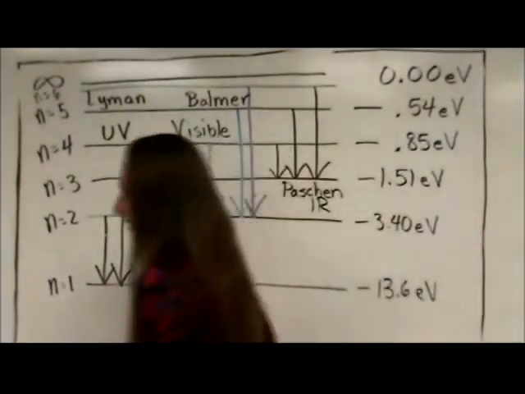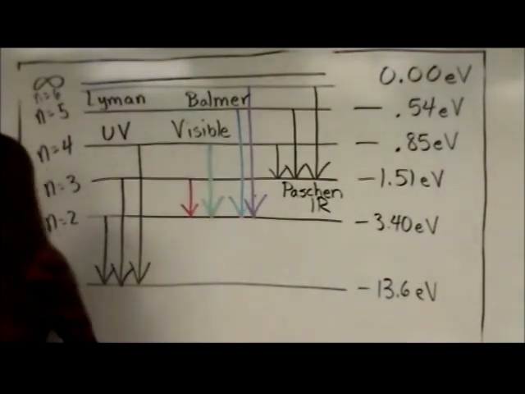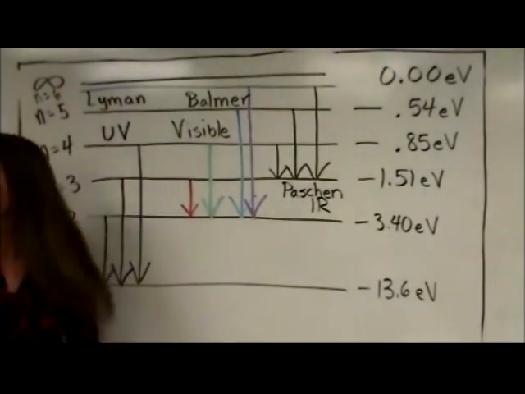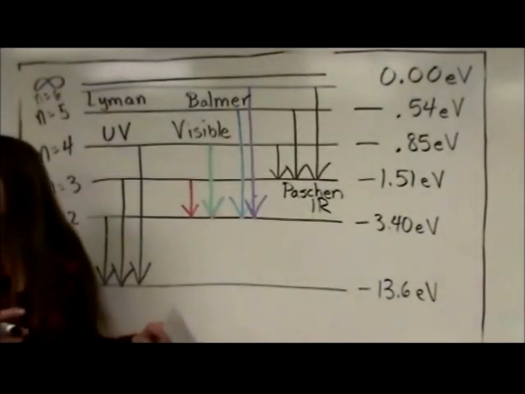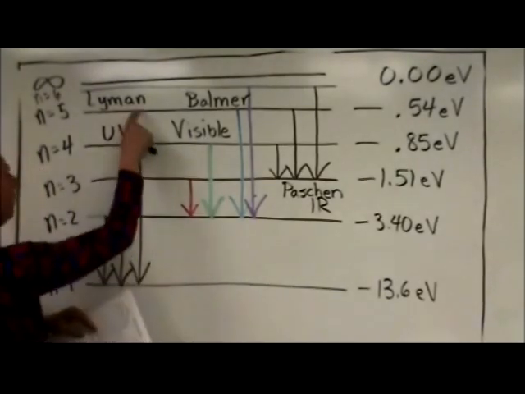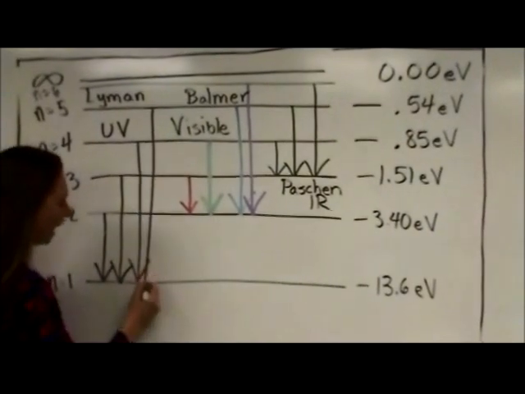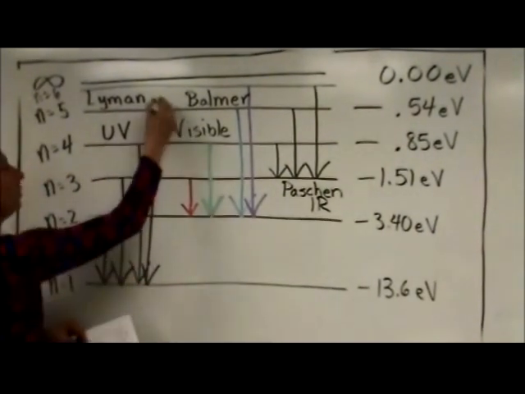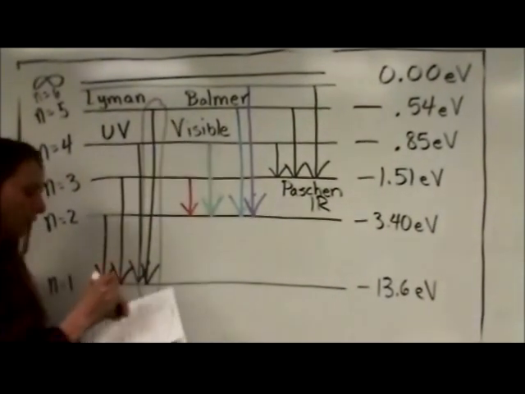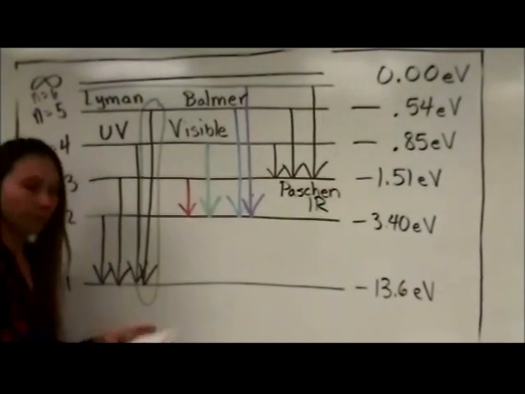For the ultraviolet light, we'll do n equals 5 to n equals 1. It's going to come out to ultraviolet light.